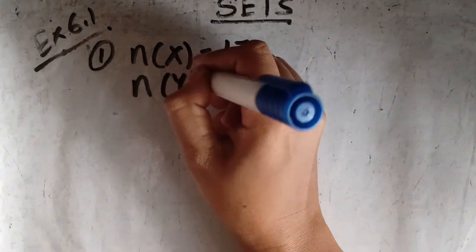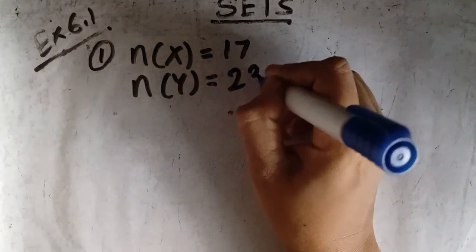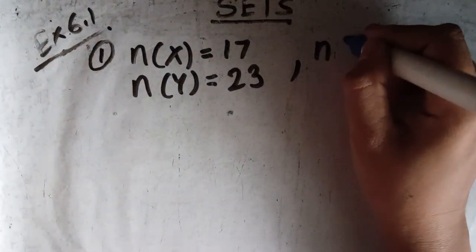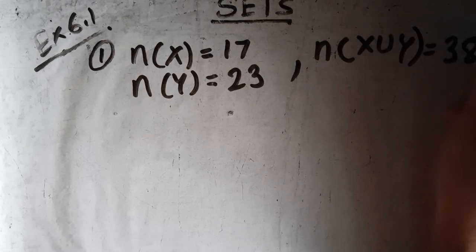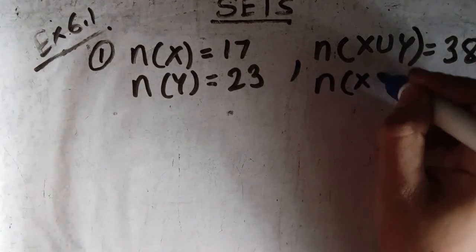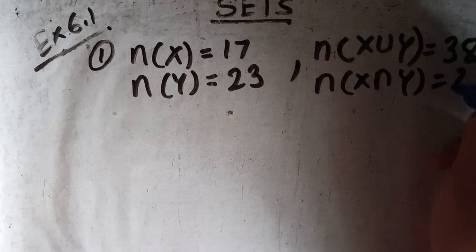The number of elements in Y is 23. The number of elements in the union is 38. And you have to find the intersection.